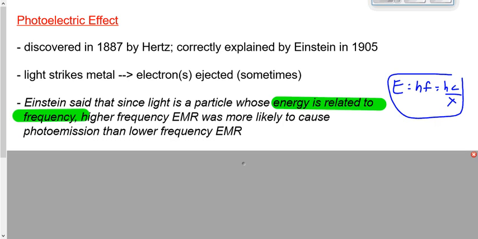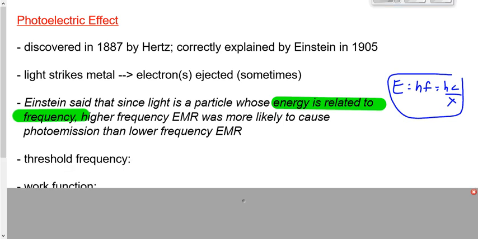If the frequency is related to the energy, and you need a certain amount of energy in order to cause electrons to be ejected, there must be a minimum frequency at which electrons are ejected. Right? You have light that is below this frequency, it's below the energy that's required, and nothing's going to happen. If you have light that's above this frequency, it's going to be above the energy, and something's going to happen. Electron or electrons are going to be ejected.